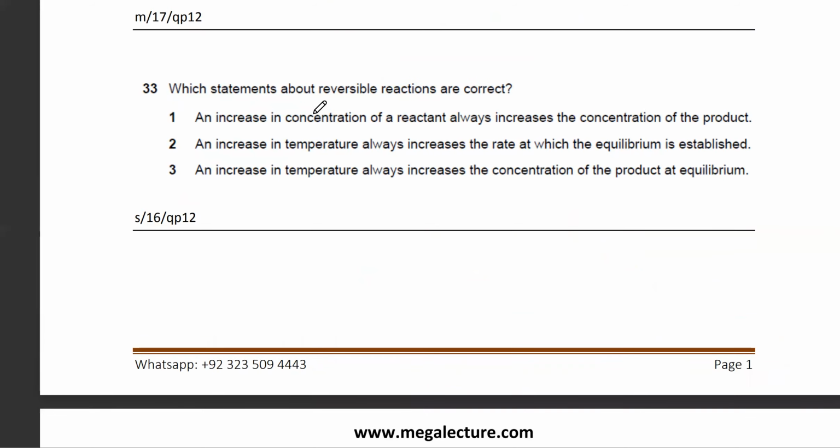Which statement about reversible reactions? An increase in concentration of a reactant always increases the concentration of the product. So you've got reactants, there's a reversible reaction, you've got products. When you increase the concentration of a reactant, remember, you're increasing it, so the equilibrium will try to decrease it.